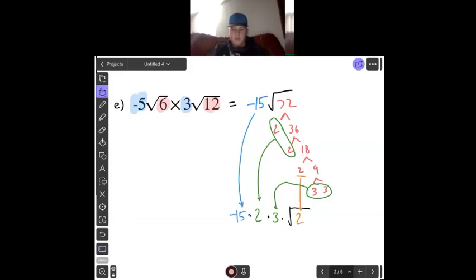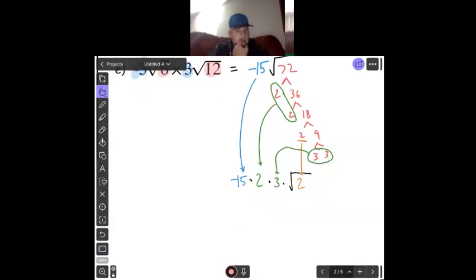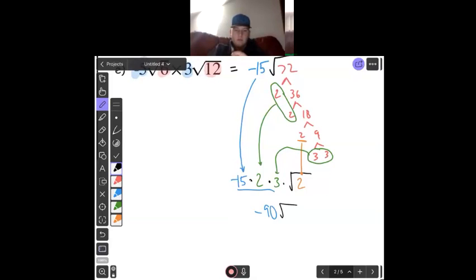So 15 times 2 is 30, times 3 is 90. So I'd have -90 square root of 2. So a really common mistake is for people to just have that 15 just kind of flit off, right?